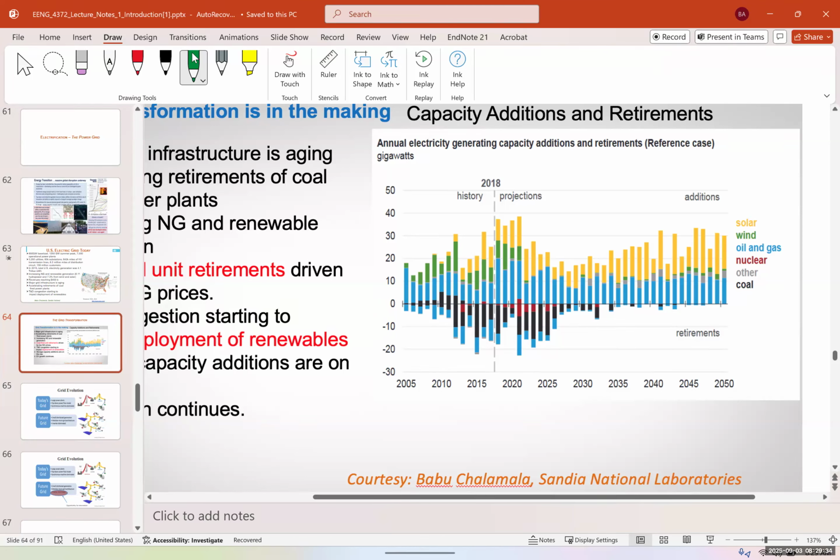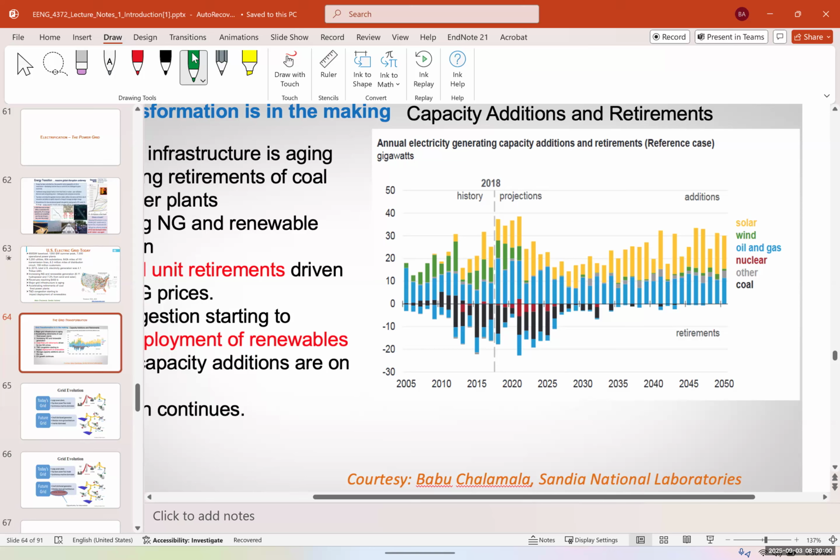Actually, Texas is leading in wind energy and one of the leading states in solar as well. Huge potential in Texas. And you can see there was a turning point around 2021, 2022 that wind and solar became cheaper than new coal power plants, and now they're just taking over.